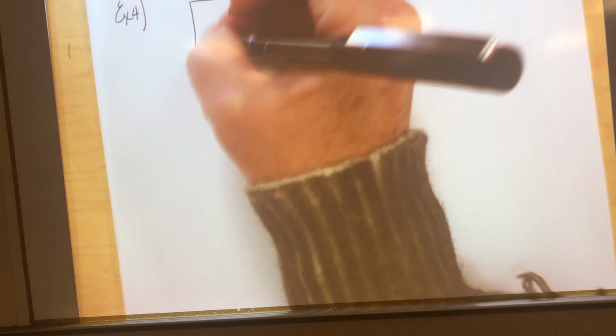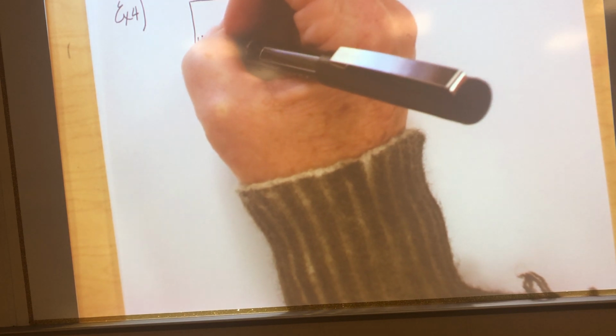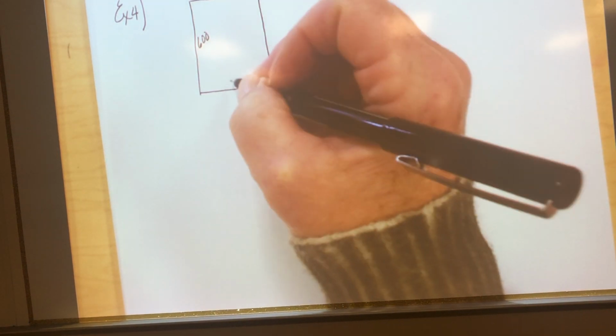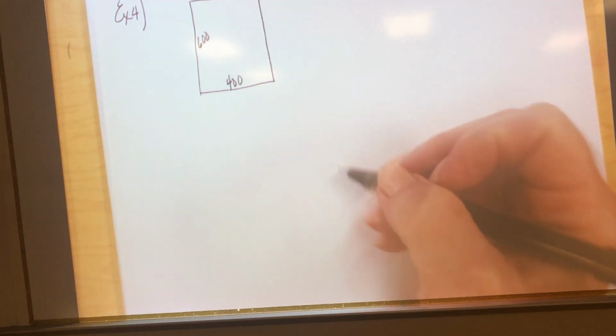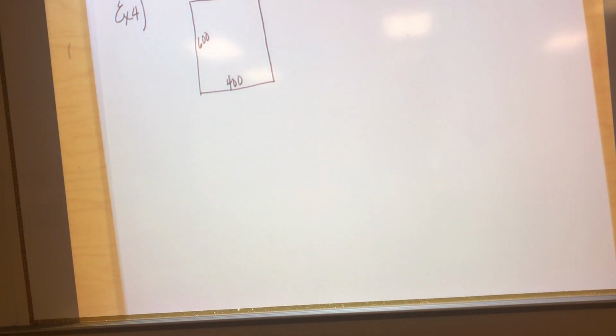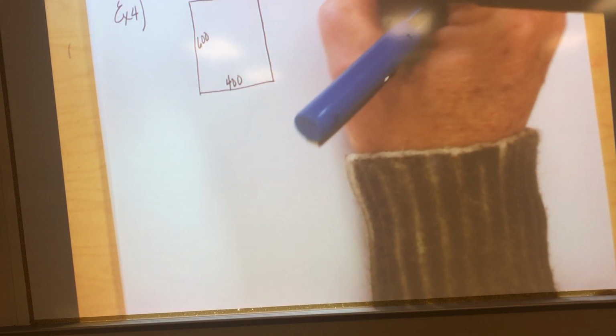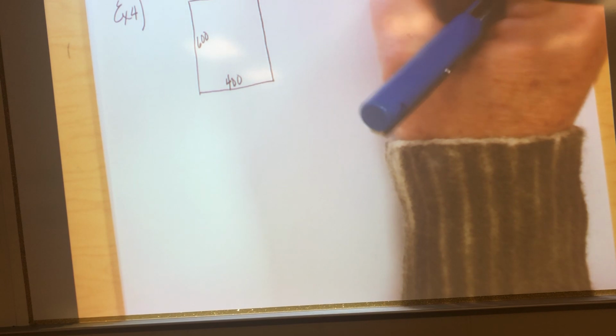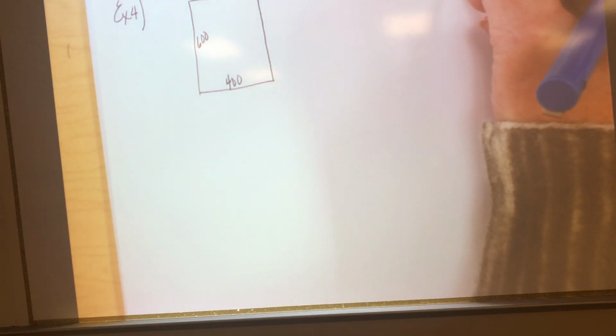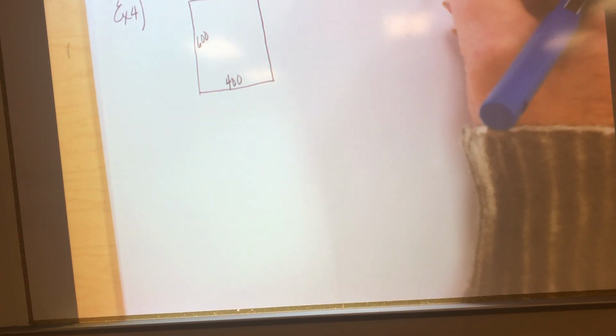They told me that the length was 600 and the width was 400. They want to double the area. Double the area. How do you find the area? Length times width.